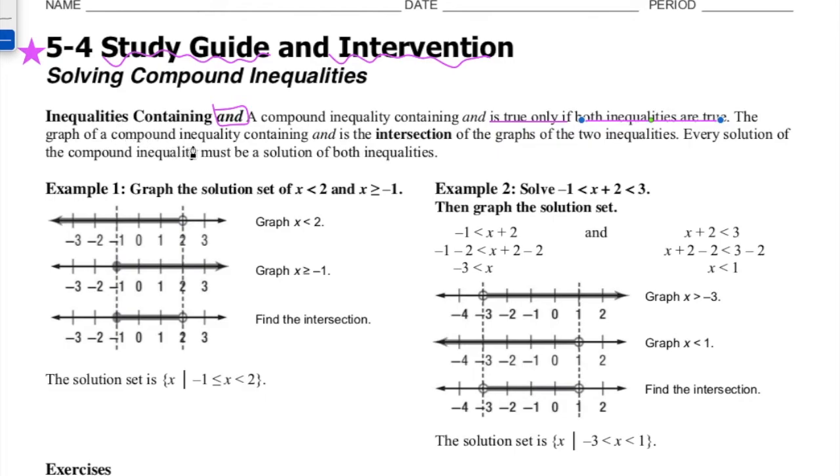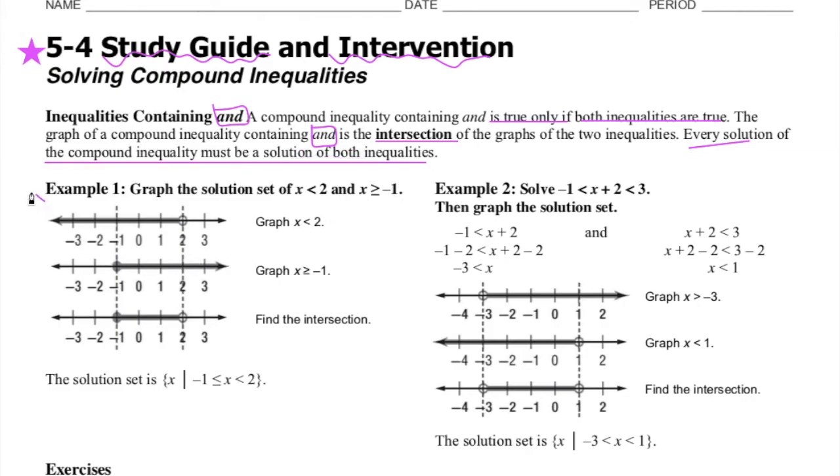The graph of a compound inequality containing and is the intersection of the graphs of the two inequalities. Every solution of the compound inequality must be a solution to both inequalities.